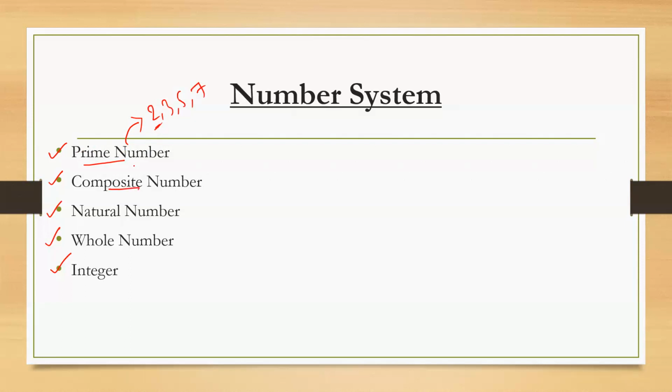Similarly, composite numbers also we saw. Composite numbers are those numbers which have more than 2 factors, for example 4, 6, 9. Here 4 has factors 1, 2, 4, so more than 2 factors, which is known as a composite number.